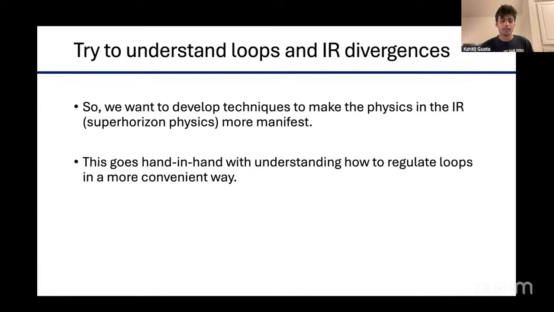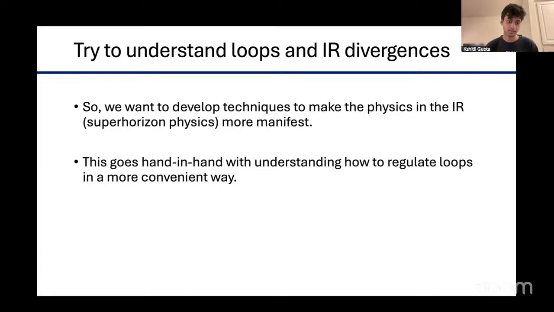Okay, so really, the entire motivation for us right now is that we want to understand statements like zeta is time independent in a more direct way. We also want to understand super horizon physics of de Sitter in a more manifest way, so we want to develop techniques to do that.